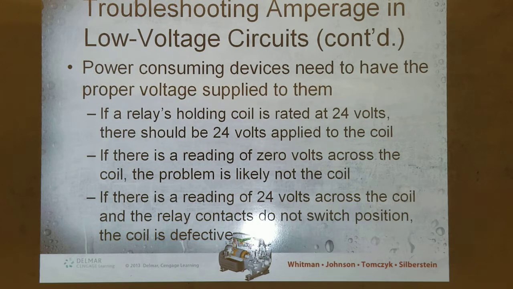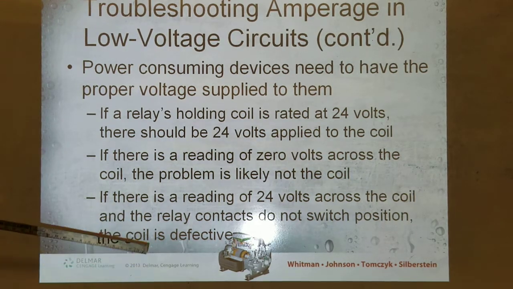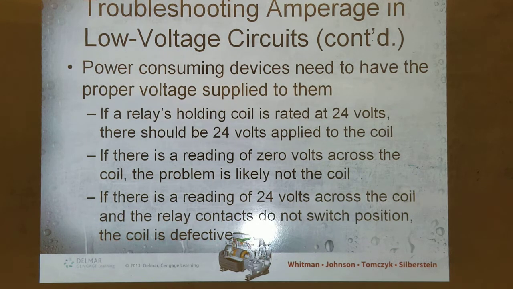If it needs 24 and you're getting 0, that's a big problem. If you're reading 24 volts across any component that you're gonna troubleshoot, you see the voltage on that component with your meter, and that component's not doing what it's supposed to be doing, the component's bad.